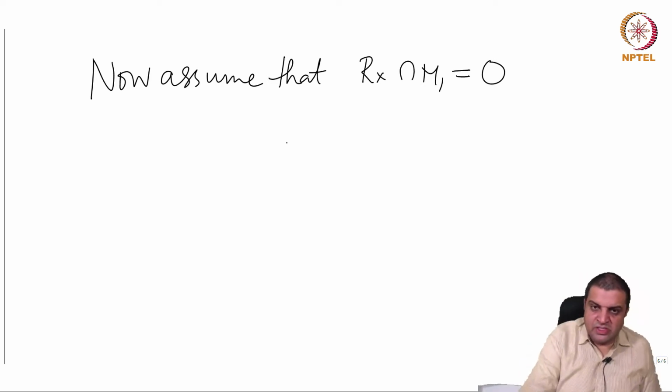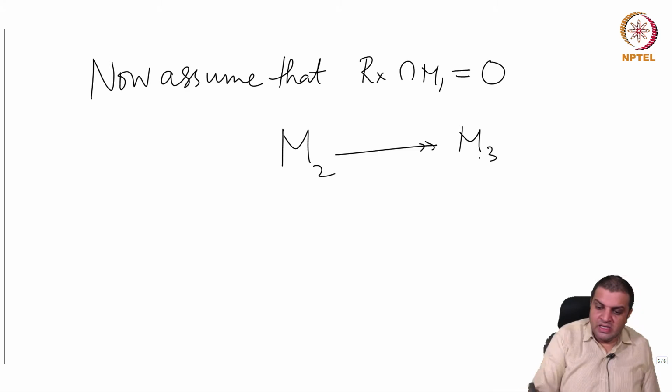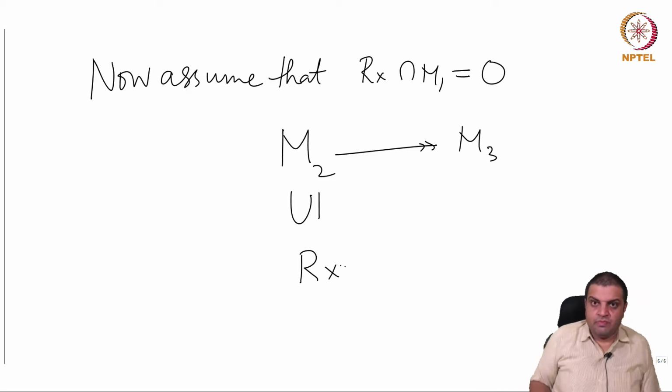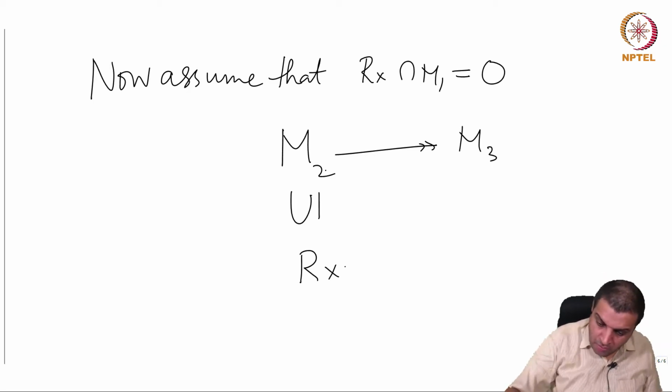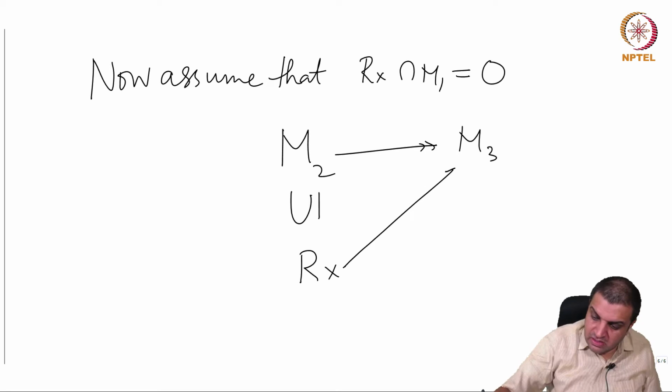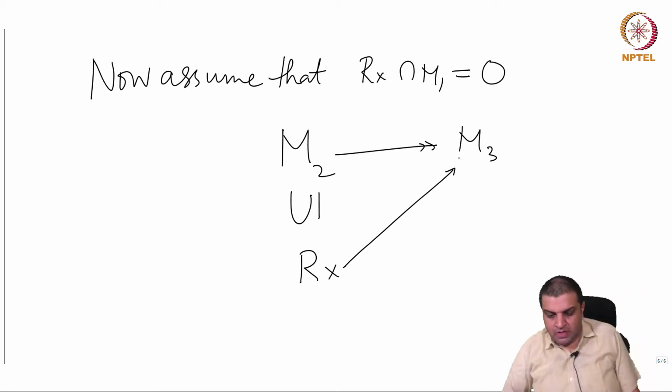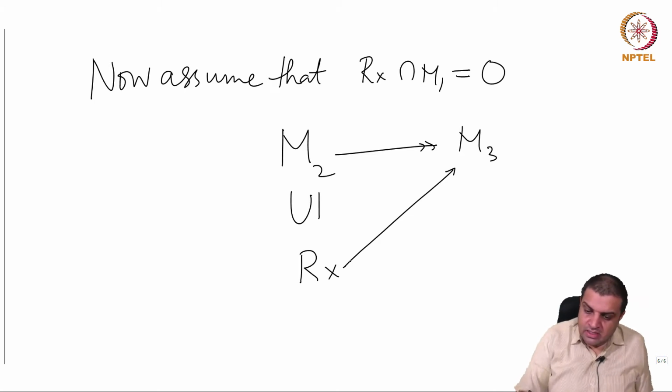So we have a surjective map from M2 to M3, whose kernel is M1. Inside M2 is a submodule Rx. Now this composite map gives a map here, not necessarily surjective, but a map.